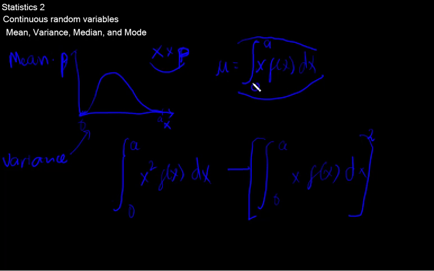So we get the x squared from here, time with all the probabilities, and we get the mean of all the x squared, minus the square of the mean, and we get the variance.